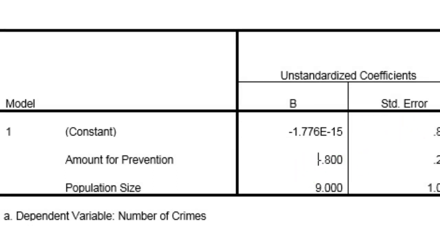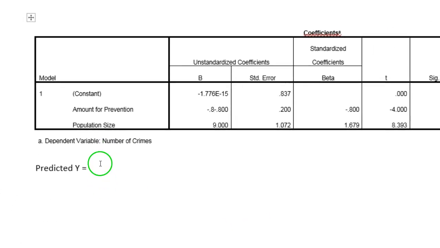However, we do have to put down our slope for the first predictor, amount for prevention, and that is a negative 0.8. Let me go back down where I'm supposed to be. Predicted y equals negative 0.8, and we will say x, and this is one predictor, amount for prevention.